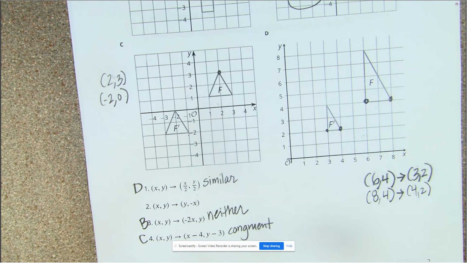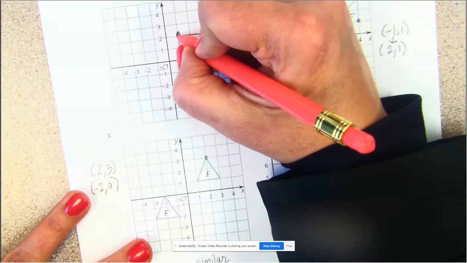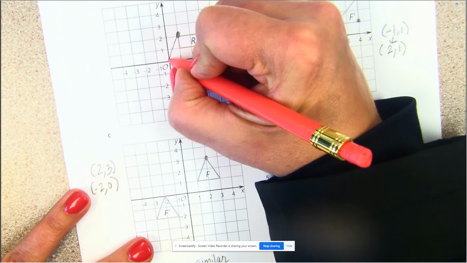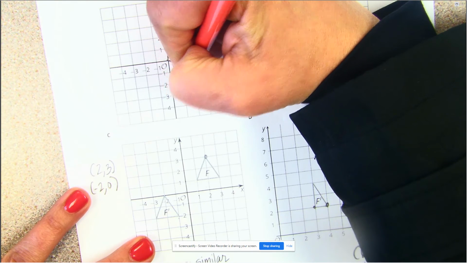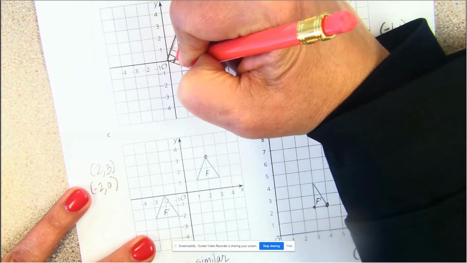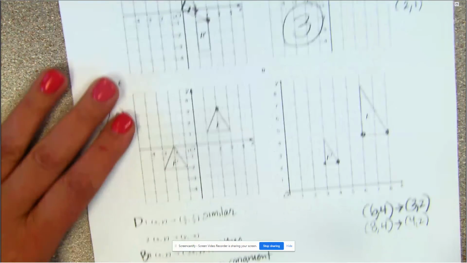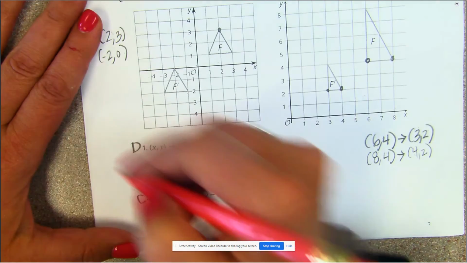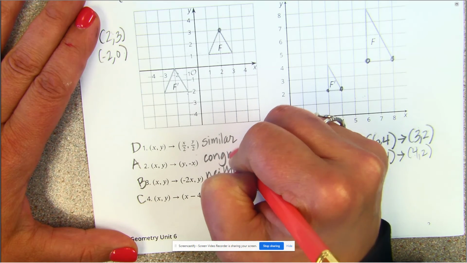Okay, that looks like some kind of rotation. Remember that little trick I was teaching you? If you take a point and you draw it through the center, and then you draw it to the new corresponding point, that angle that's created will show you the degree of rotation. That looks like a 90-degree rotation. So that's a rotation, which is also a rigid transformation, which is going to produce congruent shapes.